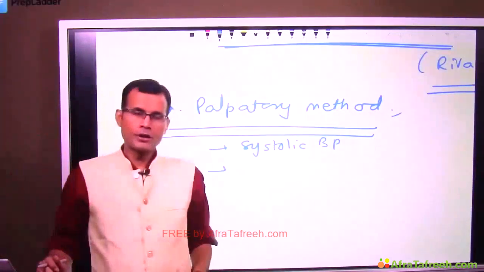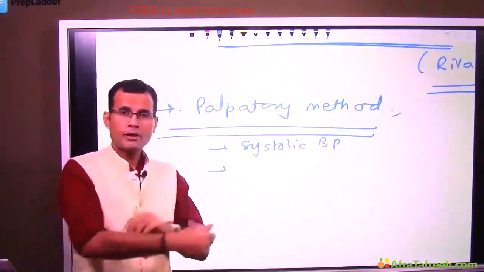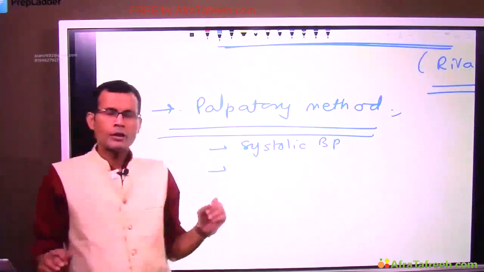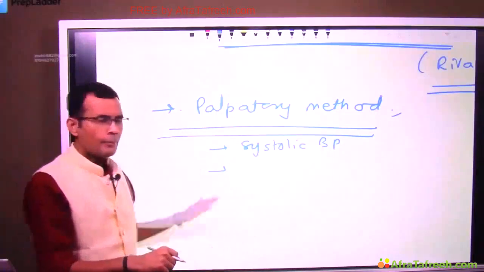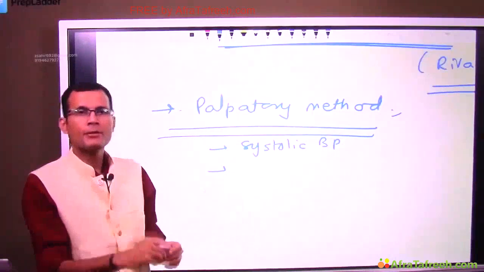And the second point is, well, I'm not going to spend much time on the actual method, how you perform it and all. You will have done it already. But I'll discuss the theoretical part. In the palpatory method, what is the fallacy in the palpatory method?